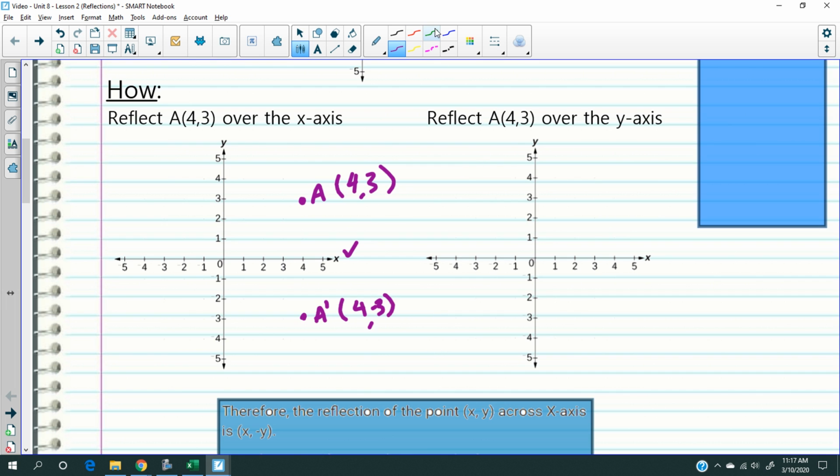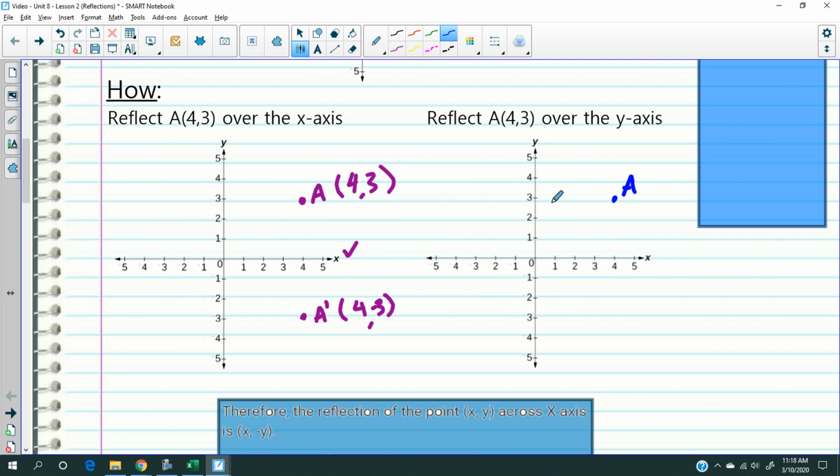Now, let's try another example. Let me use a different color. We're going to use, again, point A, which is 4, 3. Now, instead of flipping it over the x-axis, which is acting as the mirror, we're going to use the y-axis, the vertical line, acting as the mirror. That means we're going to flip it over this way. With the x-axis, we flip it up, down. Here, we're going to flip side to side. So let's count. 1, 2, 3, 4.